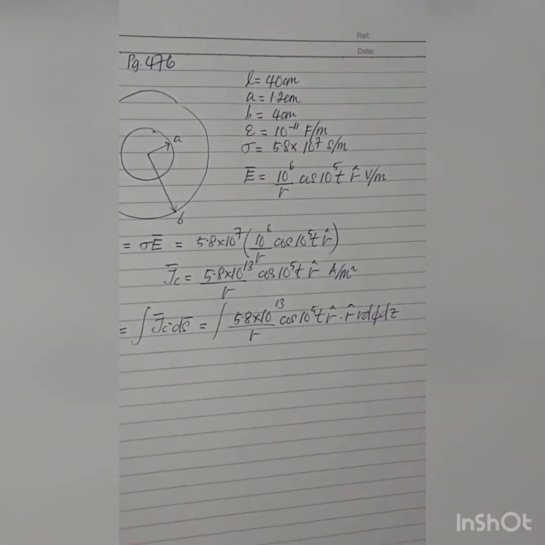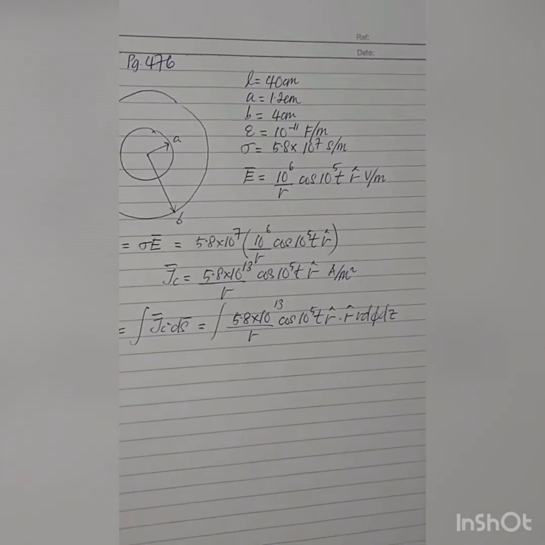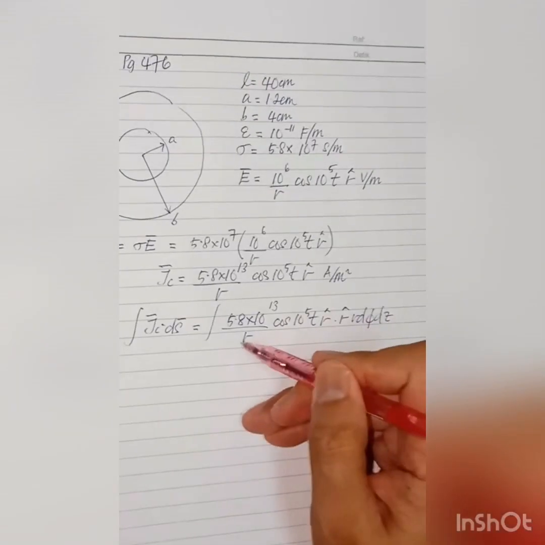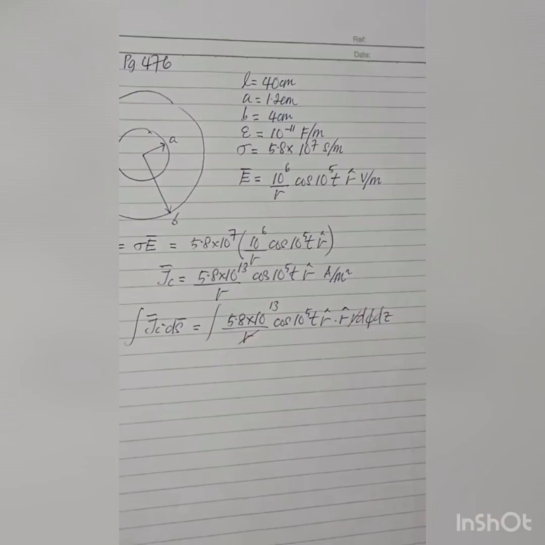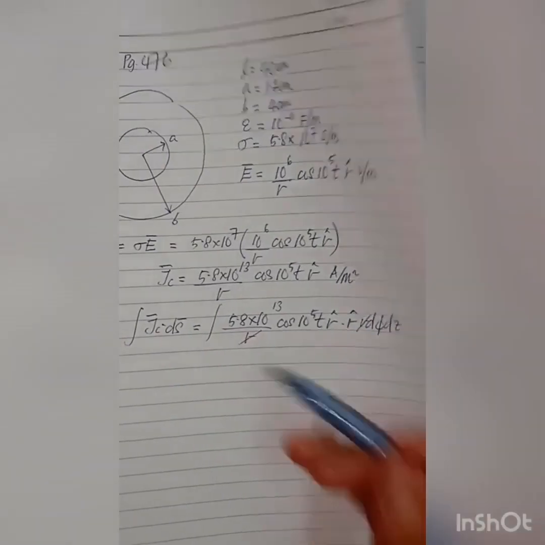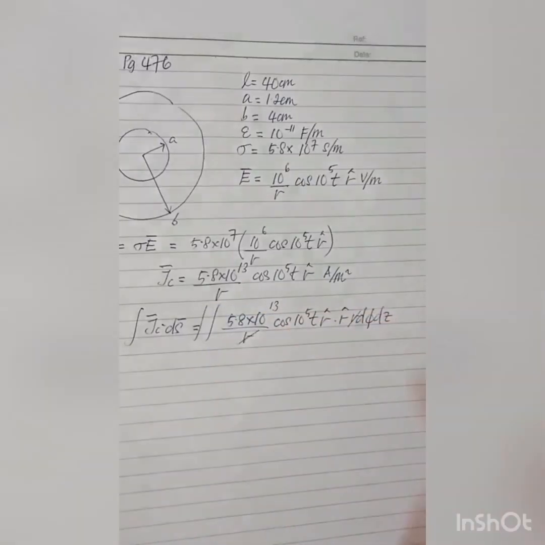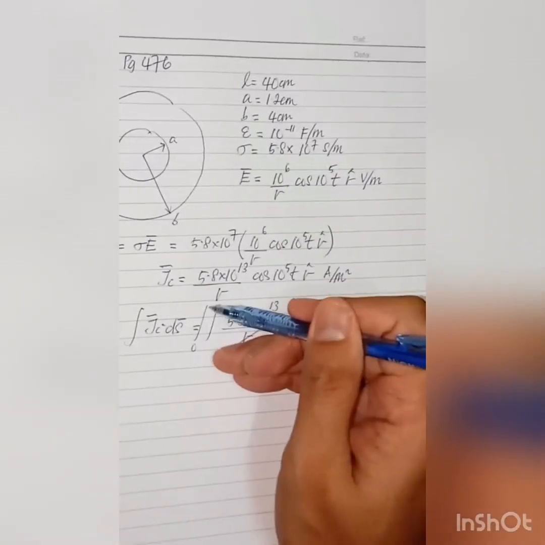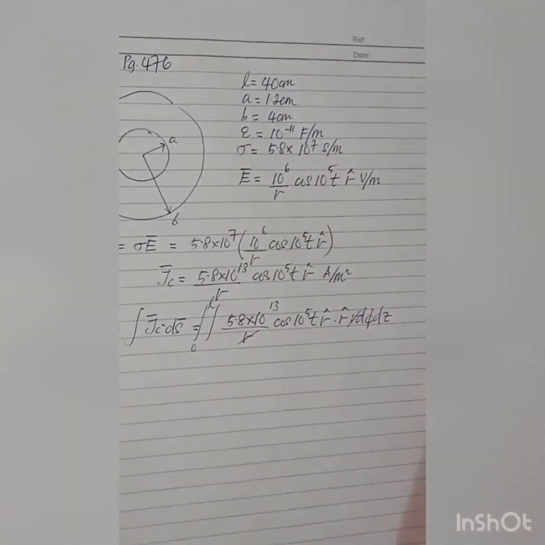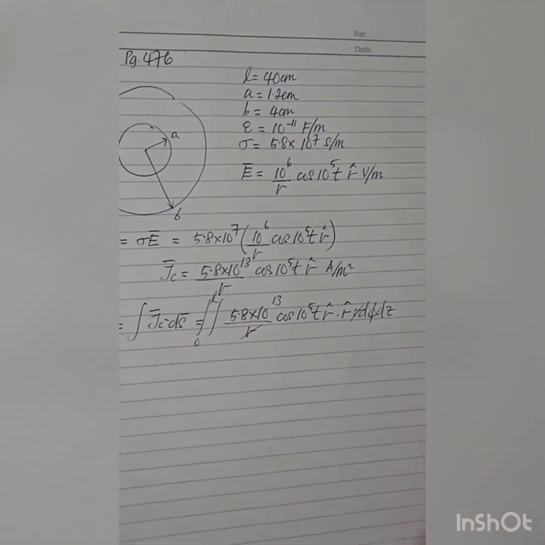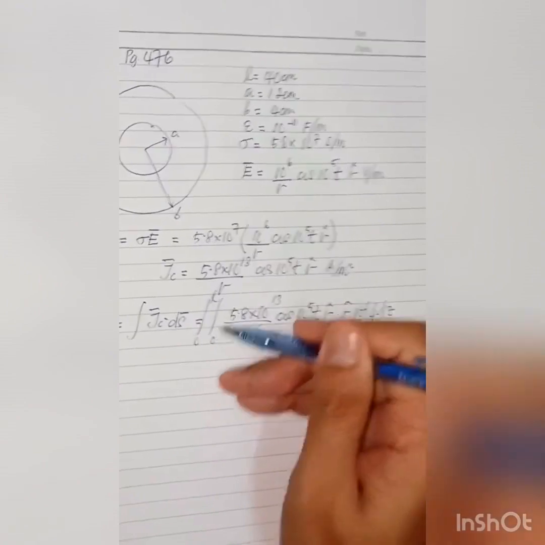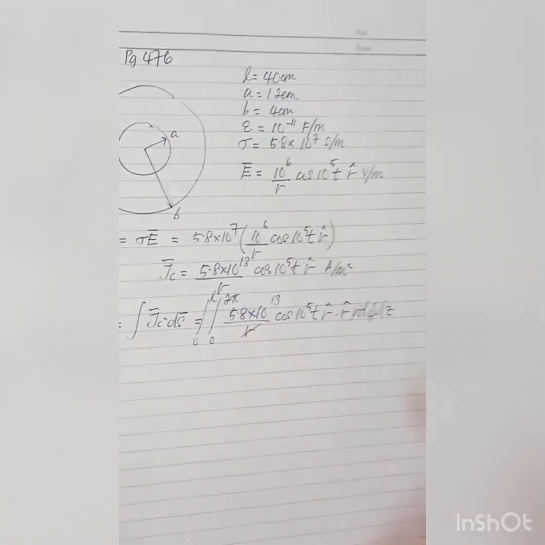Okay guys, so now you can simply delete this r down here and the r up there, and we can just set the limit of each variable, the dz, let's say from 0 to L, and then the phi, since a full circle, we have 0 to 2 pi.